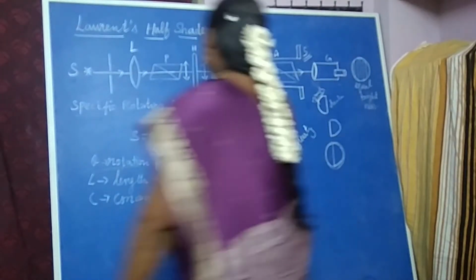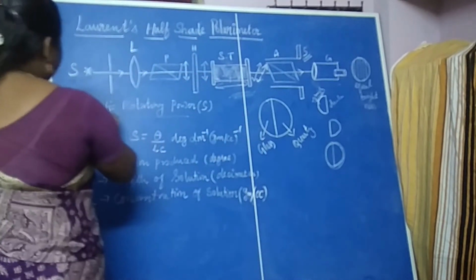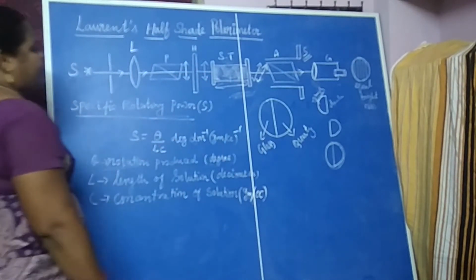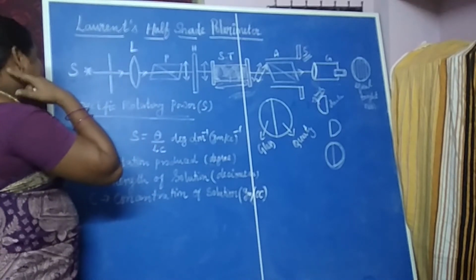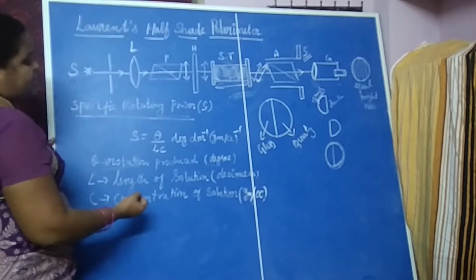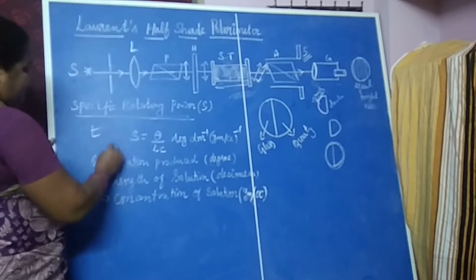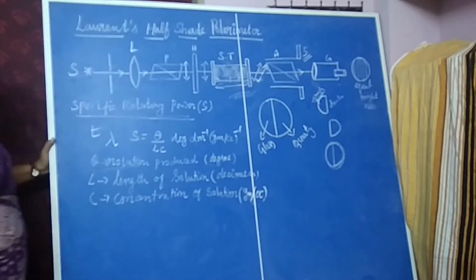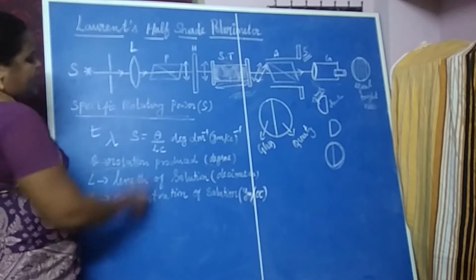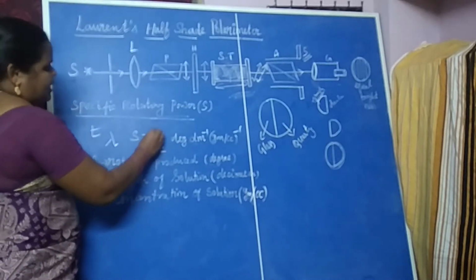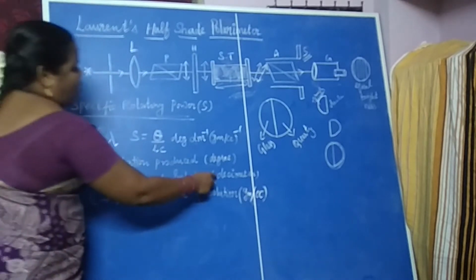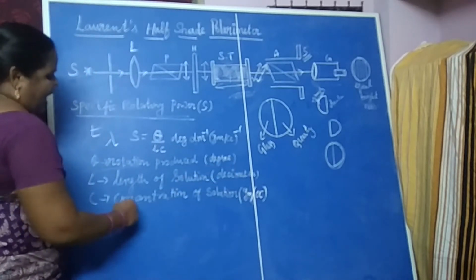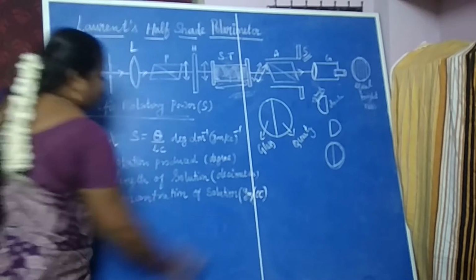This polarimeter is specifically used to find out the specific rotatory power of the solution. That is, the specific rotatory power of a given solution at a given temperature T for a given wavelength lambda is defined as the rotation theta produced by the solution of 1 decimeter length having a concentration of 1 gram per cc.